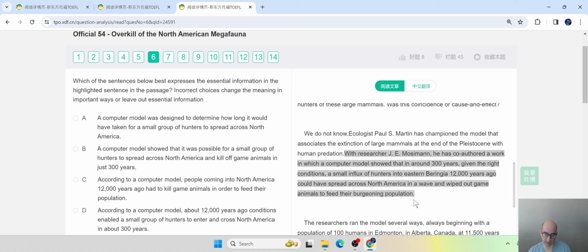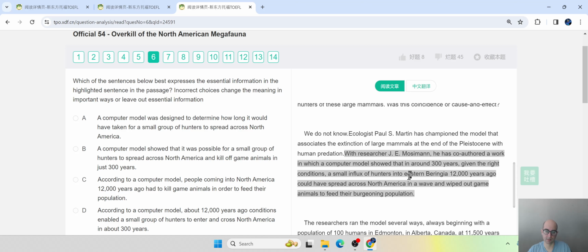Okay, all right, got it. So we have two researchers. They conducted this work that involved a computer model, right? And it showed that in this time, given the right factors, the right conditions, it was possible for a group or a wave of hunters to basically walk into this region, Eastern Beringia, at this time.